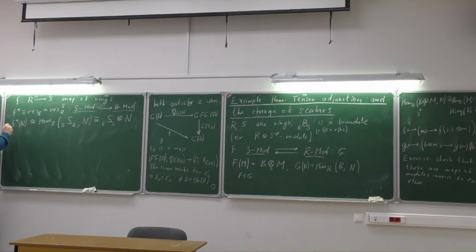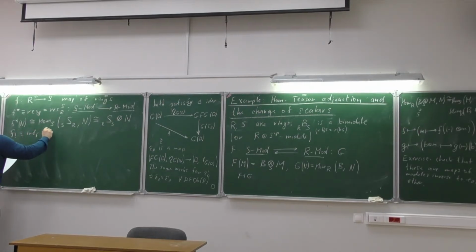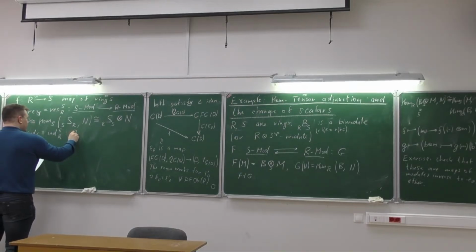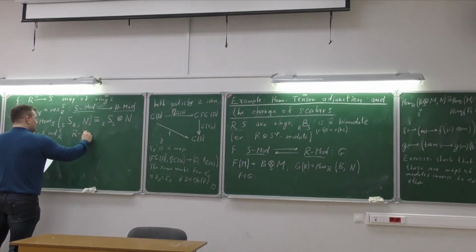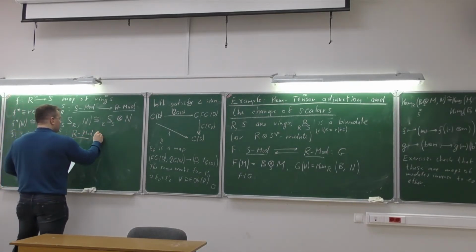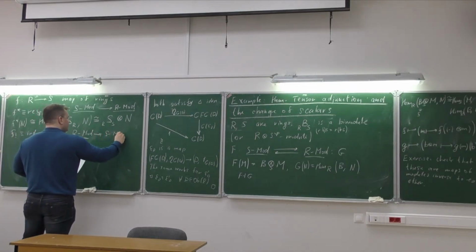If I introduce the functor F with a lower shriek, also known as the induction functor along the homomorphism F, or another notation, induction from R to S, that would be a map from the R modules to the S modules.